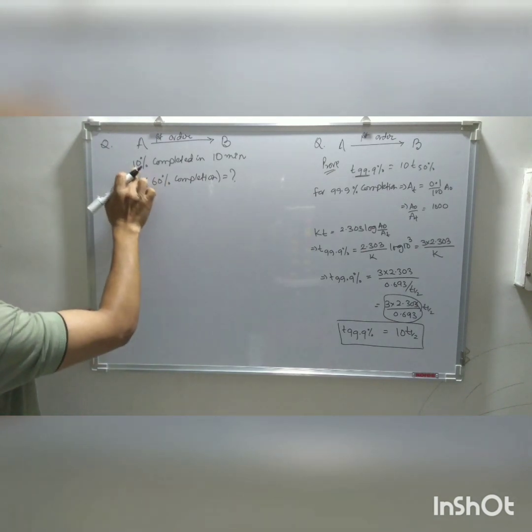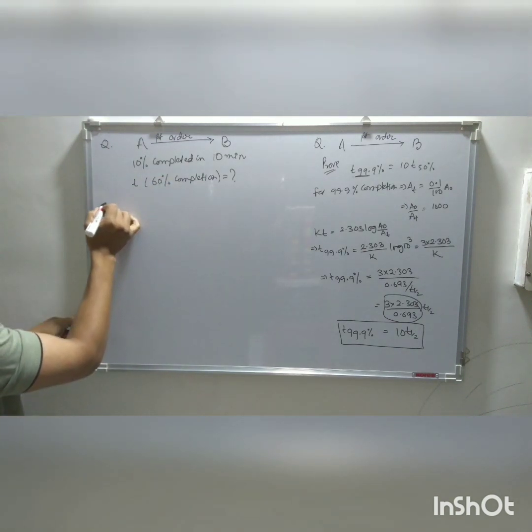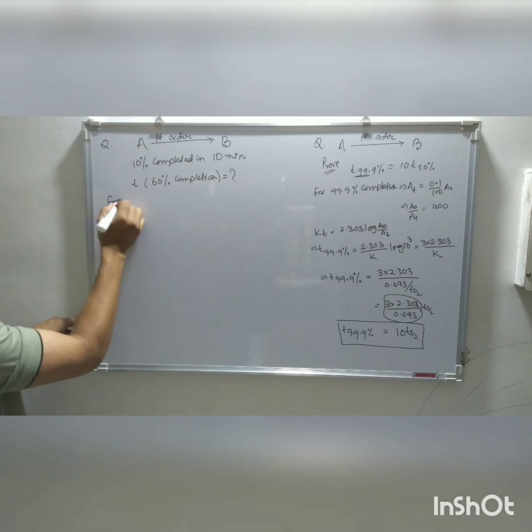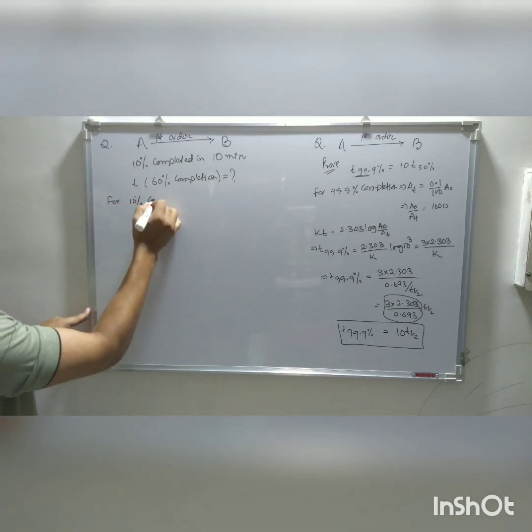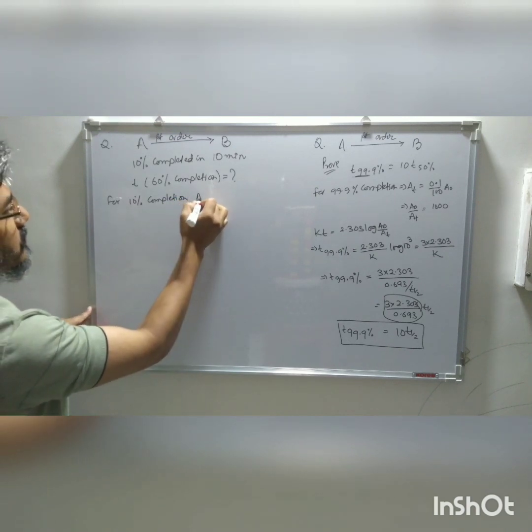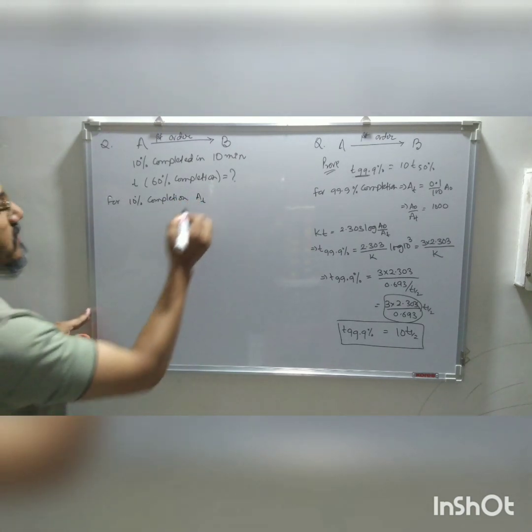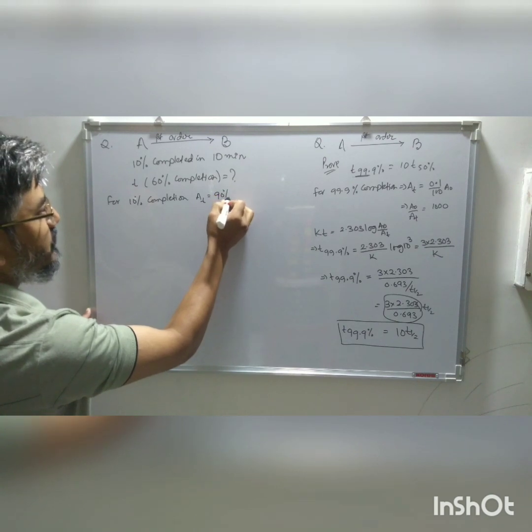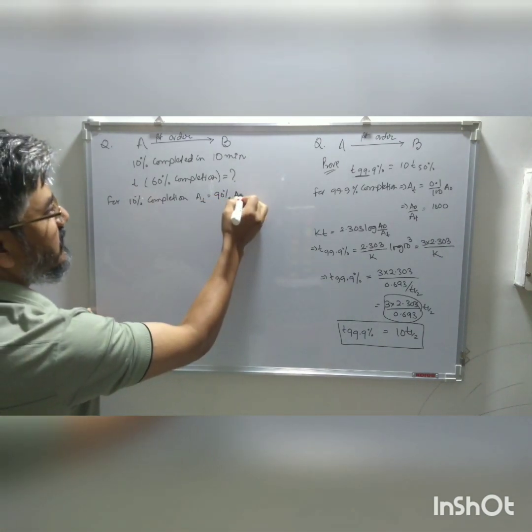Time required for 60% completion is to be found, and 10% is completed in 10 minutes. So take this first, 10% completion. For 10% completion, the amount of A left is 90% of the initial value.